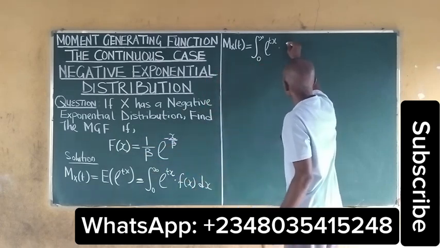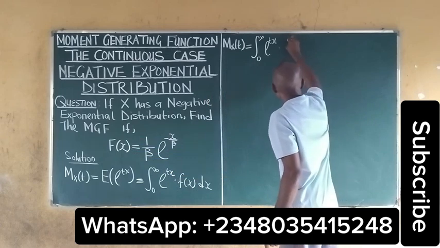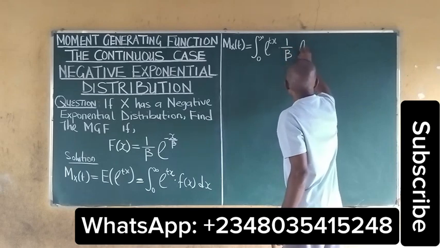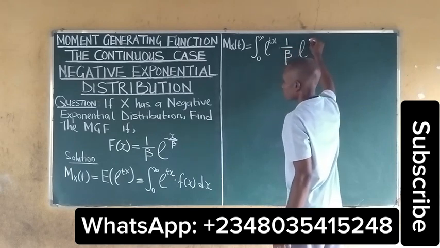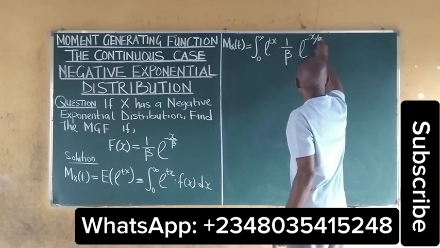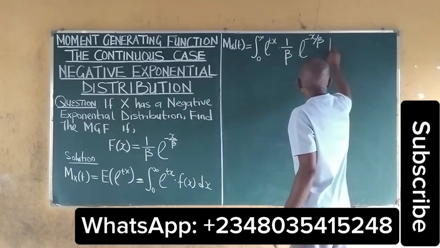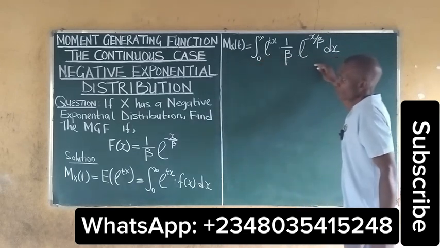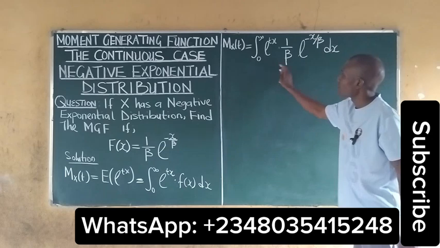So we have it as 1 all over beta exponential negative x all over beta dx. So this is what we are to solve.